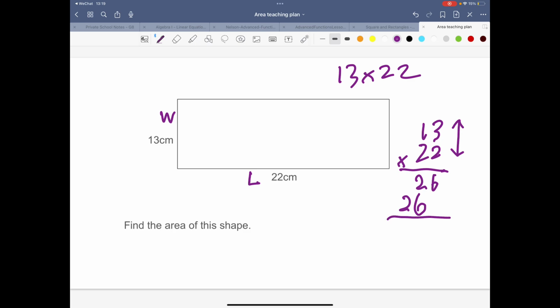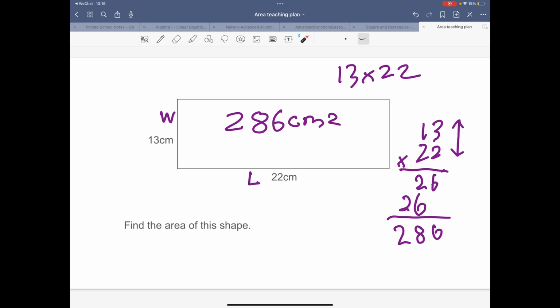And then you add them together. 6, 2 plus 6 equals 8, 2. So our final answer is 286 centimeters. And don't forget the little 2 squared. So our final answer is 286 centimeters squared.